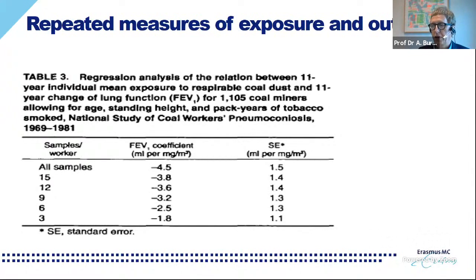So this table illustrates, if you lump all the measurements together per person, you calculate the mean exposure, and then you link it to the decrease in lung function over time. Indeed, if you have more measurements, your exposure response association steepens, all according to the theory. Brilliant.